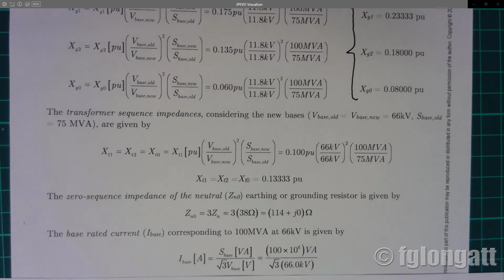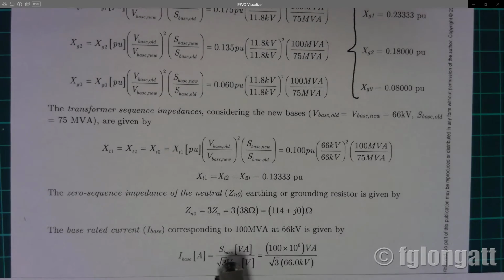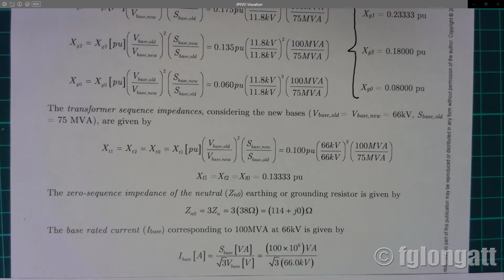However, one intermediate point that I need is the current base. And to calculate the current base is extremely simple. All my students are familiar with the three-phase properties, and there is a very important three-phase property related with power. All of you must remember that if you divide the three-phase power by square root 3 times the line-to-line voltage, we will obtain current.